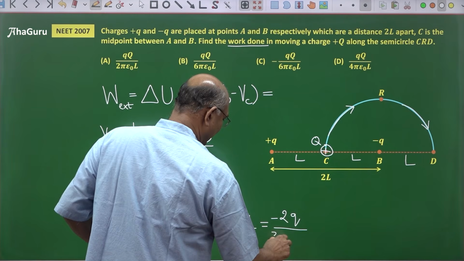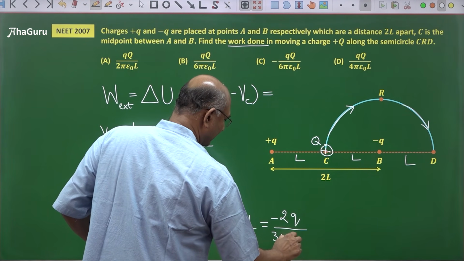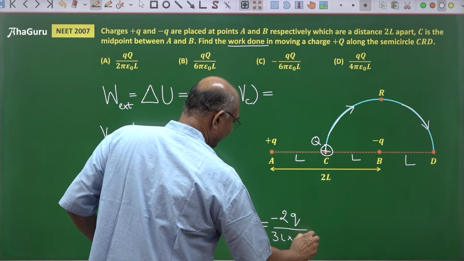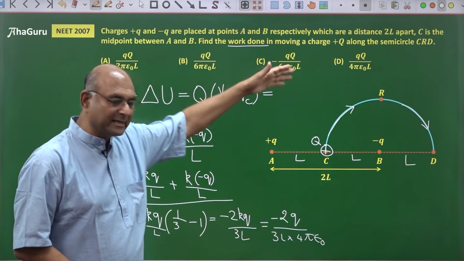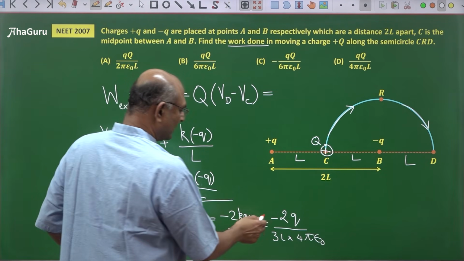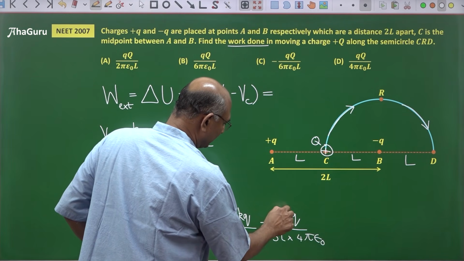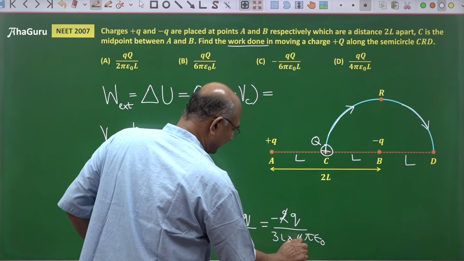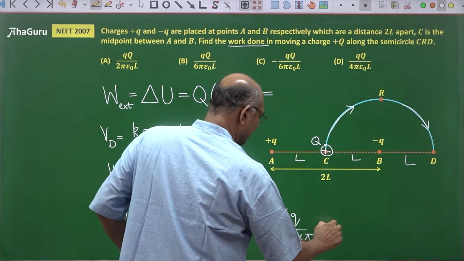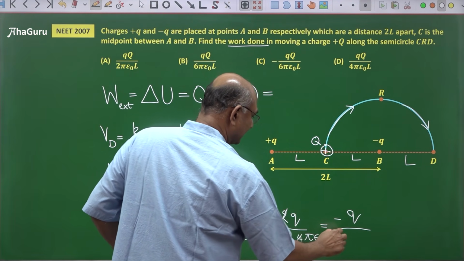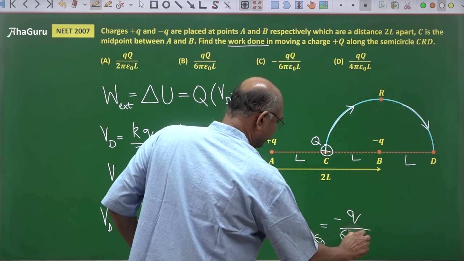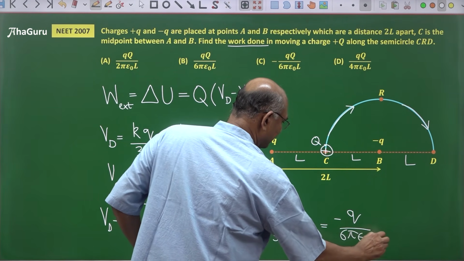So there is a 3L, and for K, I'm going to write 4 pi epsilon naught. All this is so that we can write the answer in terms of epsilon naught. That's all. So if I now cancel the 2 and 4, I'll get a factor 2 here. 2 into 3, 6. So minus Q by 6 pi epsilon naught L.